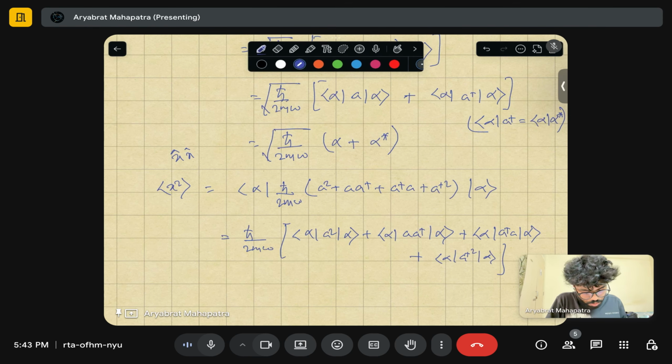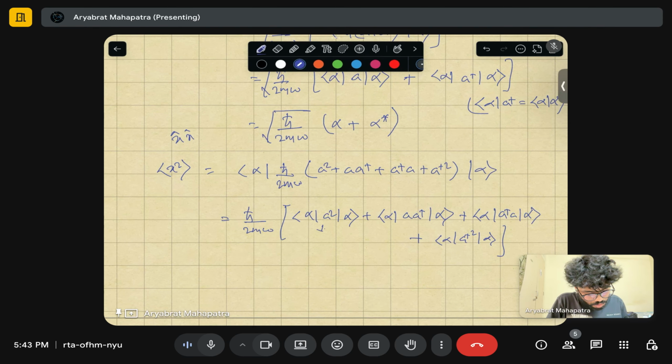From here you will see this will give you alpha square, this will give you alpha star, and this will also give you alpha star, and this will give you alpha star square.